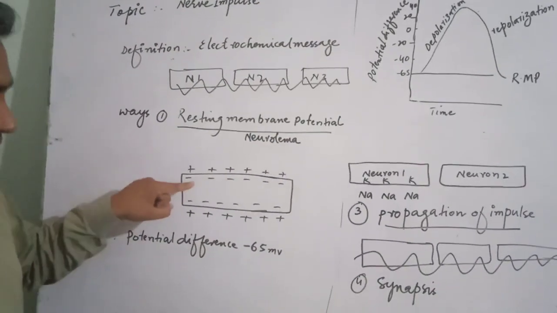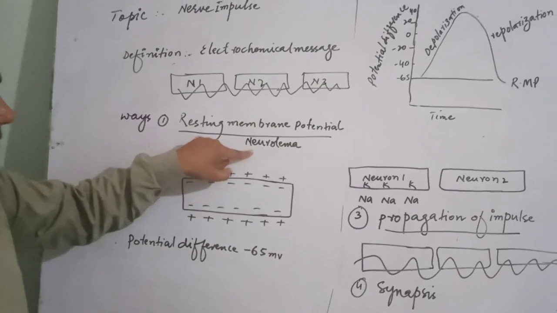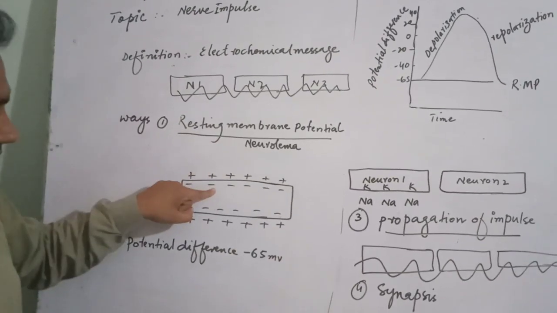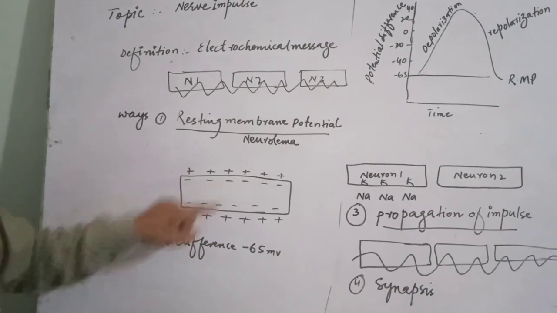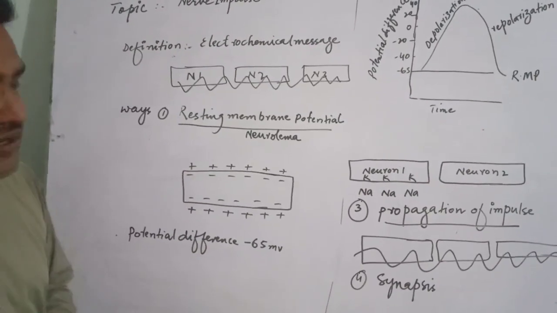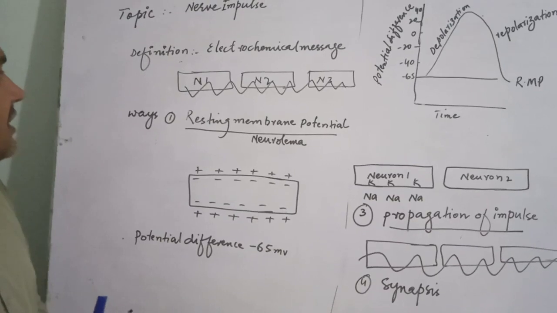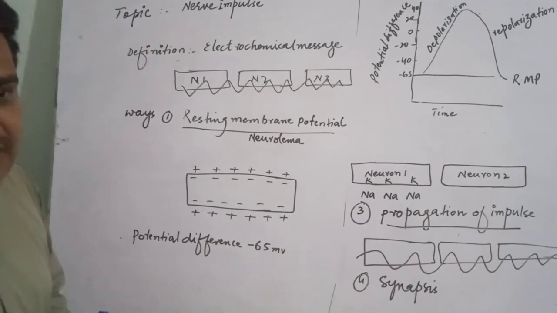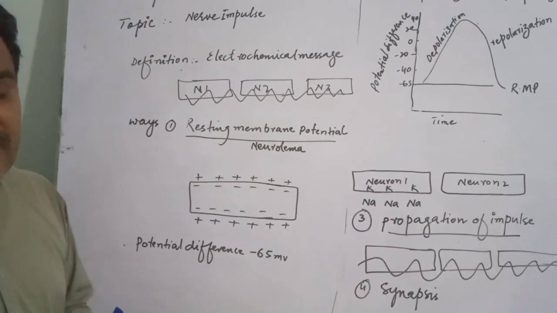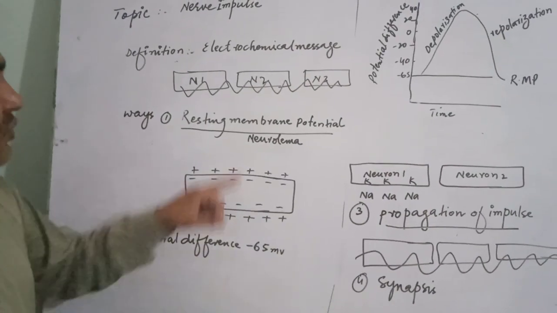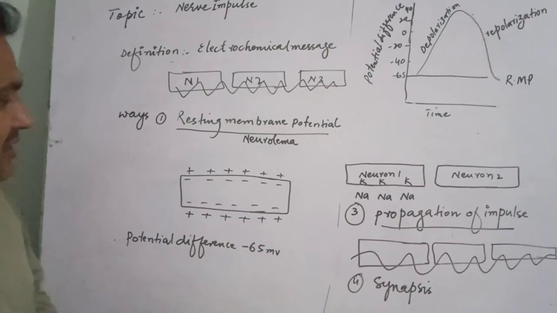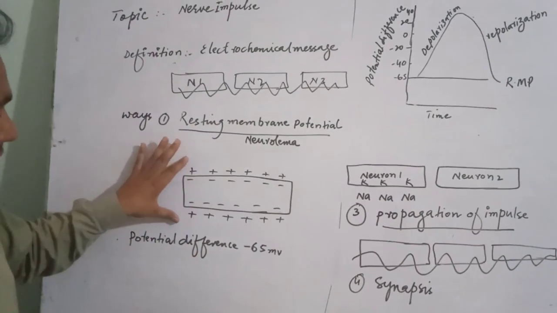If we see the neurolemma, the charges are the potential difference of the neurolemma at the resting condition. It means there is no stimulation or no external change taking place in the neurolemma or in the neurons, then this type of condition is found.